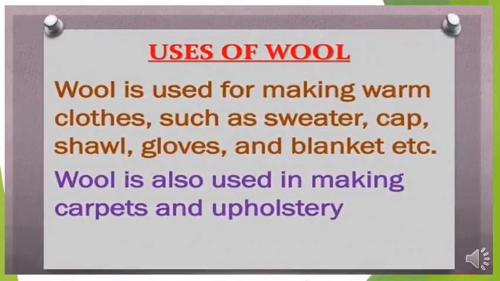Uses of wool. All of us have used a variety of woolen cloths, right? Wool is used for making warm clothes such as sweaters, caps, shawls, gloves and blankets, etc. Wool is also used in making carpets and upholstery.